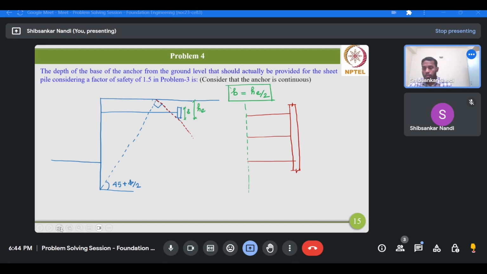Therefore, if this is the horizontal spacing S and this is also S, this is the plan view. So the length of one anchor would become S. So S by 2, S by 2. So S by 2 plus S by 2, L would become S.